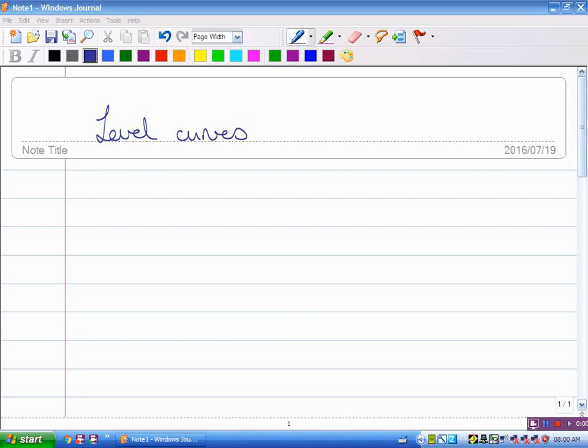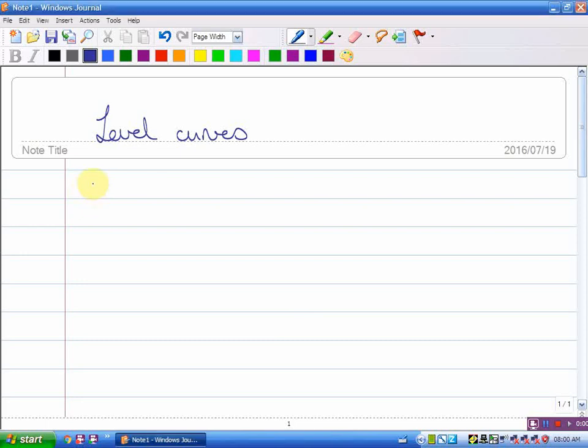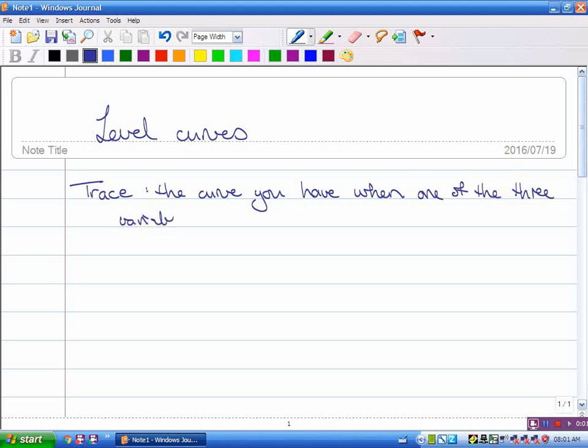Let me actually back up a bit to trace, which is an abbreviation of my name, but it is also the curve you get, the curve you have when one of the three variables in a surface equation is held constant.